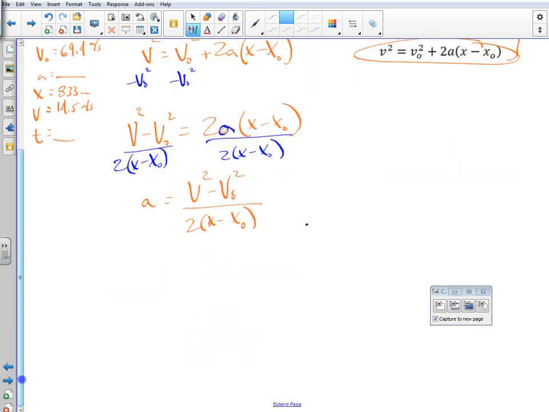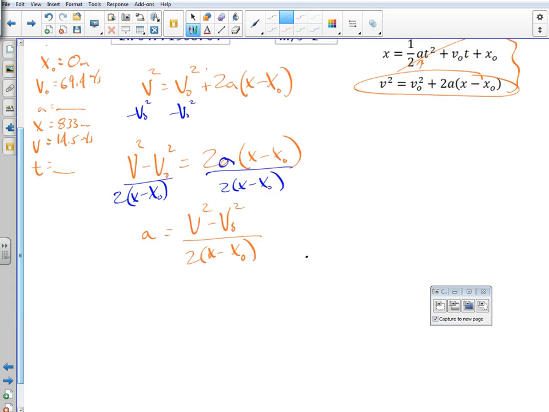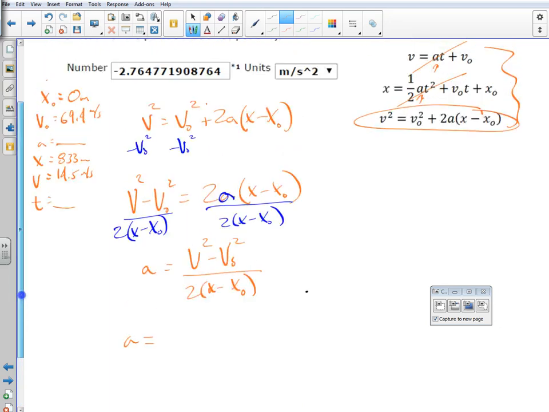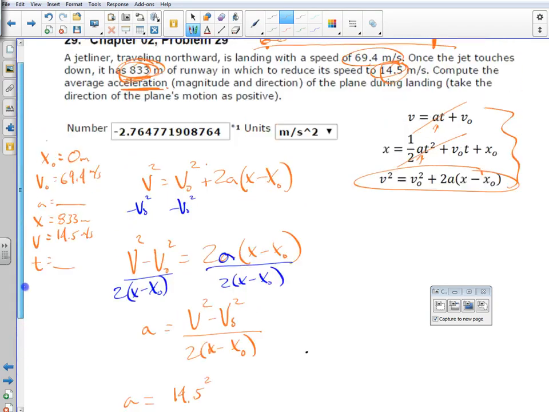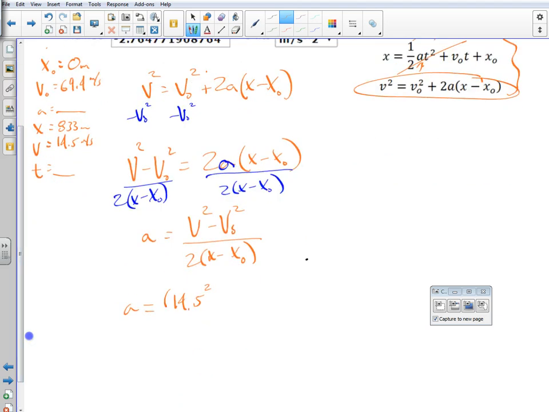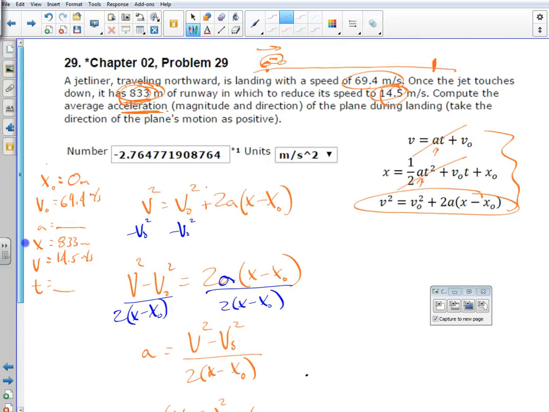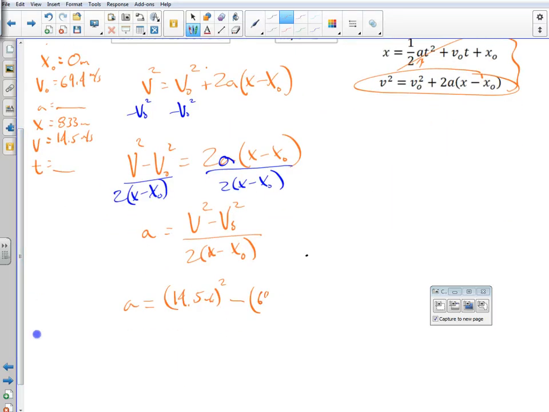Now I'm going to plug in. Acceleration is equal to, final velocity is 14.5 squared, meters per second squared, minus the original velocity of 69.4 squared.